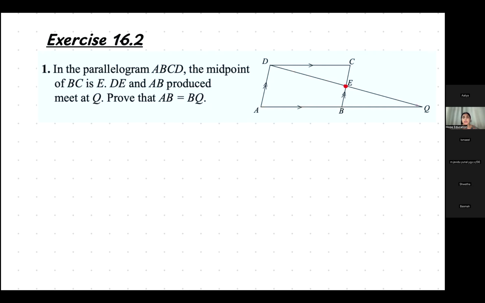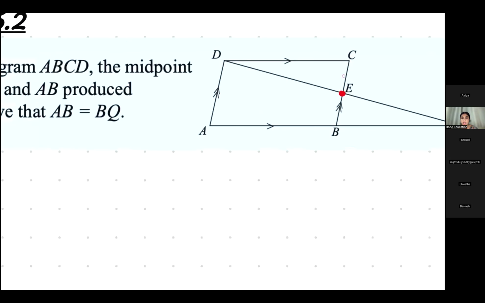Okay. So the midpoint of BC is E. That means this small part and this small part are equal, the BE part and the EC part are equal.